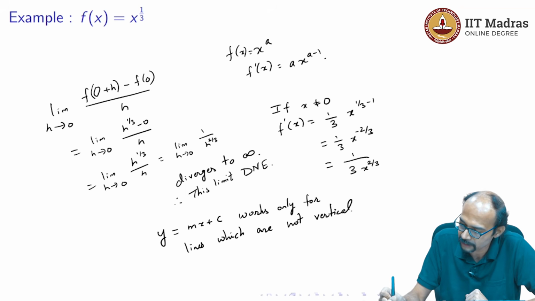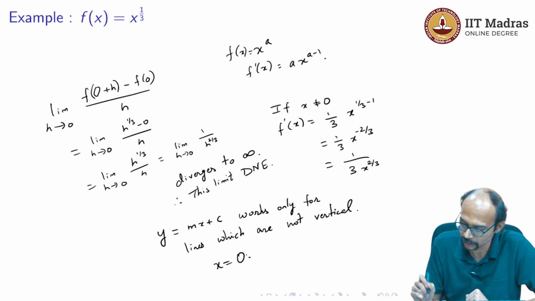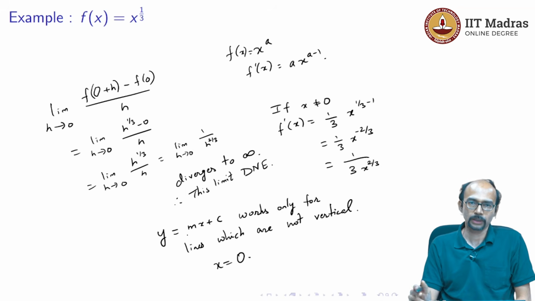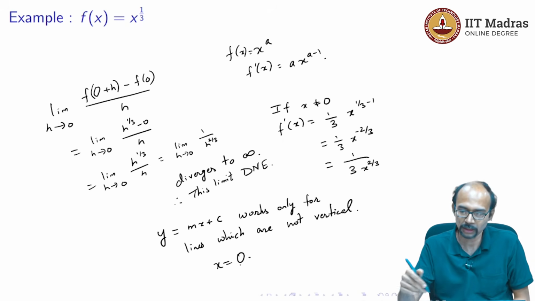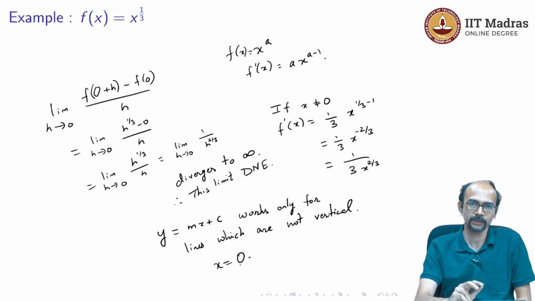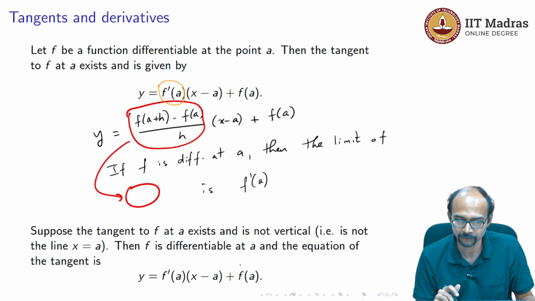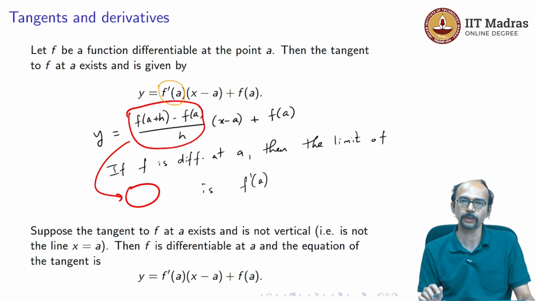So, for the vertical line you have to separately say x is 0, right. So, the problem is your m is only a real number. So, if you allow m to be infinity, you can sort of divide by m, and that will give you a 1 by m. So, 1 by infinity, which is 0. So, you will get x is equal to 0. Okay. And if you allow that, then indeed we can salvage the situation. So, that is what the problem is. So, that is why in the previous slide we had to make this caveat about the tangent not being vertical. Okay.